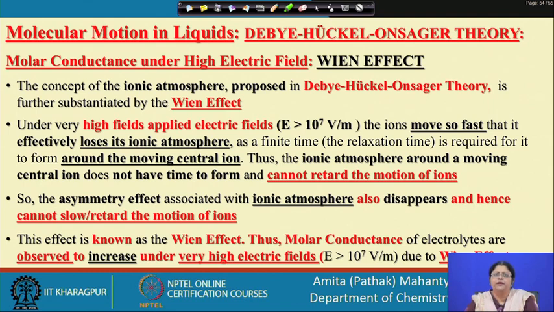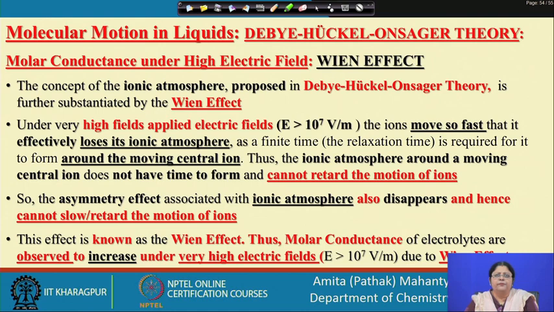Now, if we have a very high electric field, what happens? A finite time, the relaxation time, is required for it to form around the central charge. You need a definite time for it to form around the central charge. It is very small, but it does take a little amount of time for the ionic atmosphere to be formed.